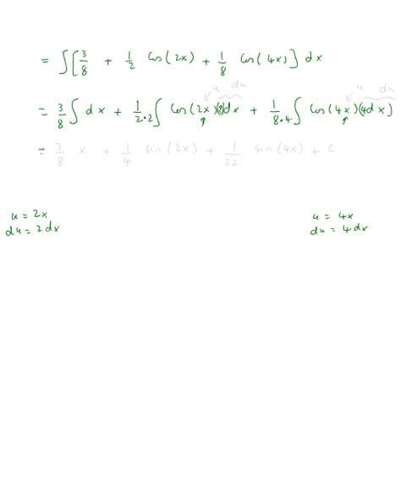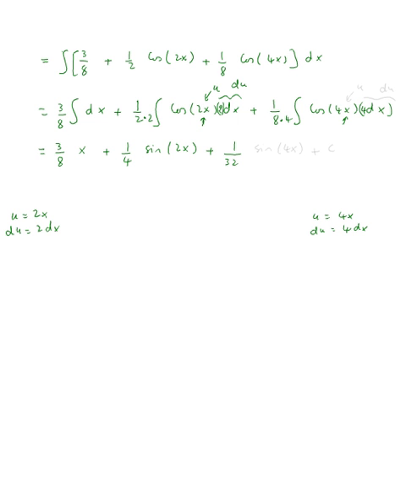This is going to be 3 over 8, the integral of dx is x, plus 1 over 2 times 2 is 4. Now think of this as cosine of u du. The integral of cosine of 2x will be sine of 2x, plus 1 over 8 times 4 is 32.